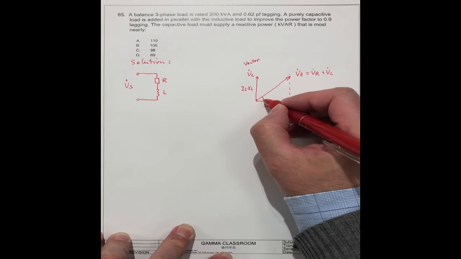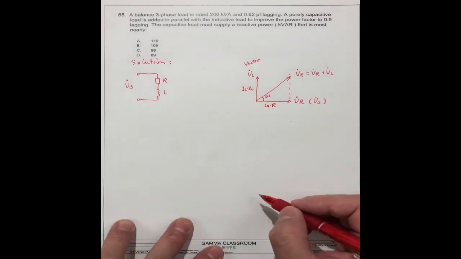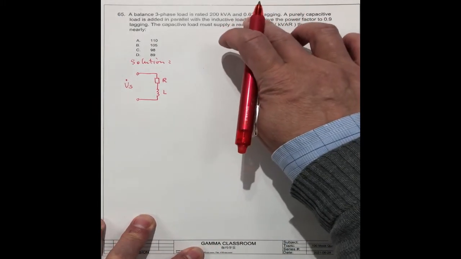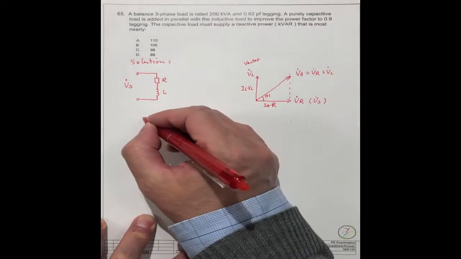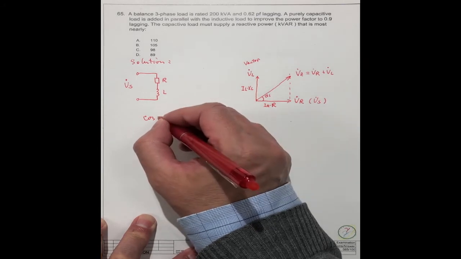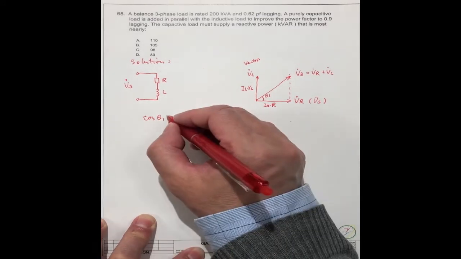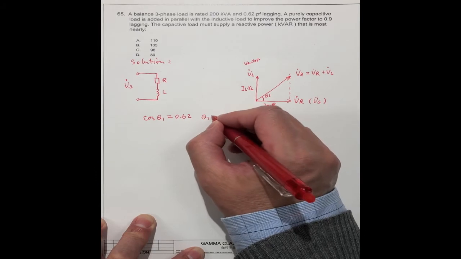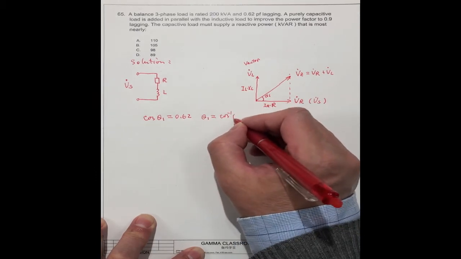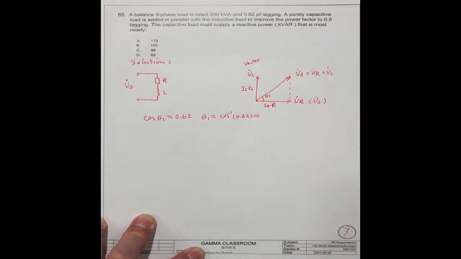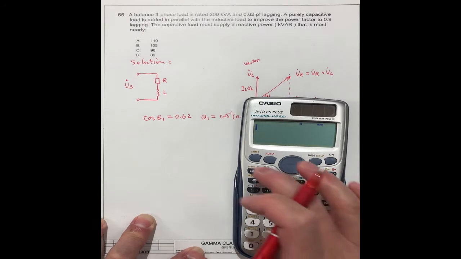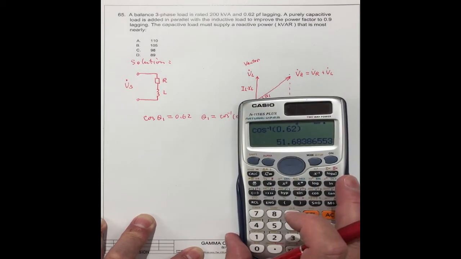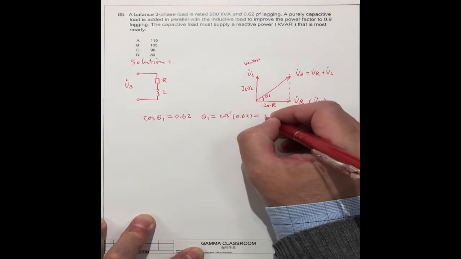We can get this angle, theta 1, because the power factor is 0.62. So theta 1 is the anti-cosine of 0.62, which is 51.68 degrees.